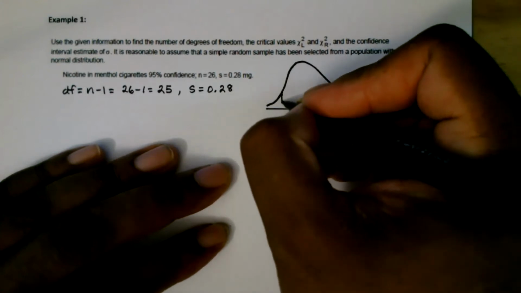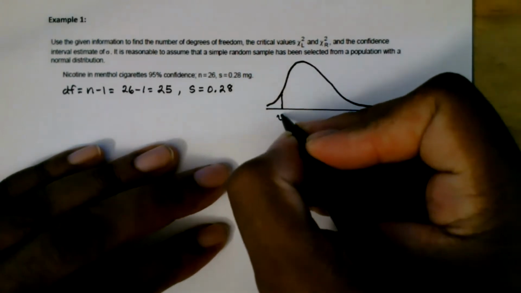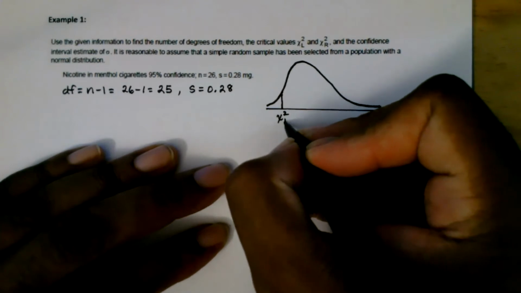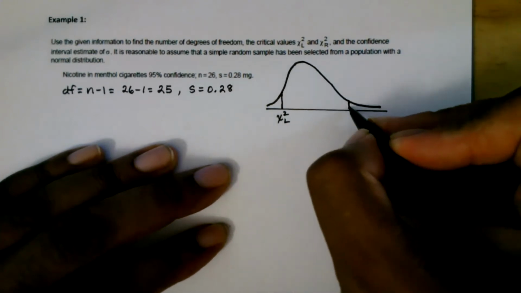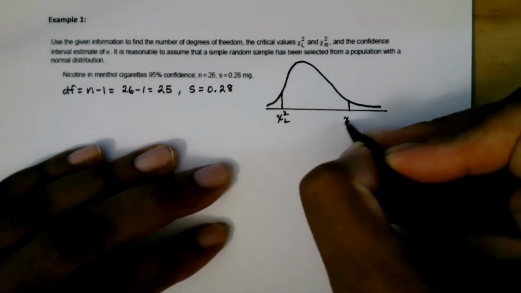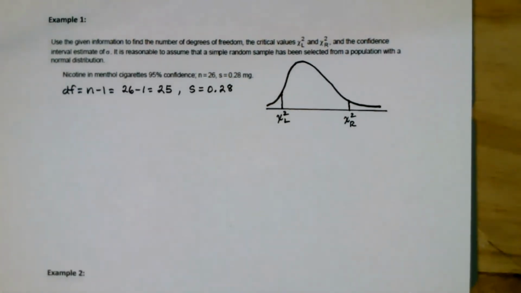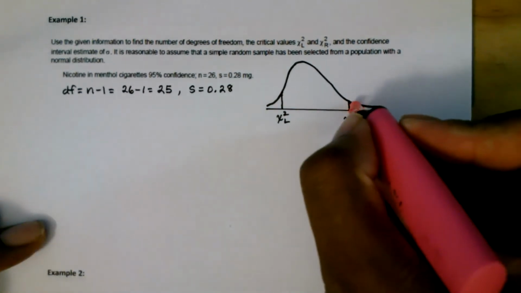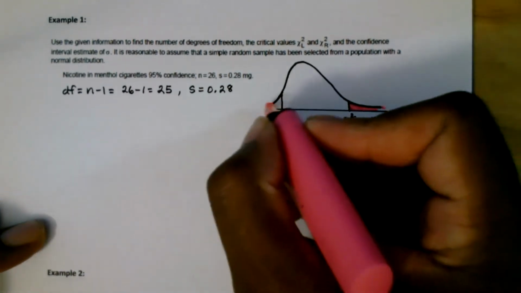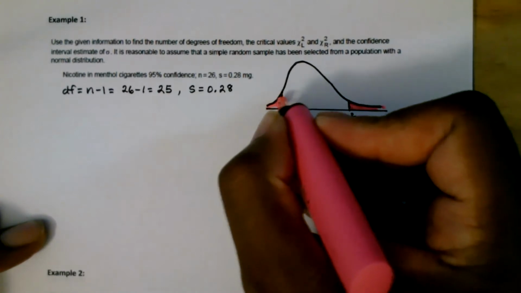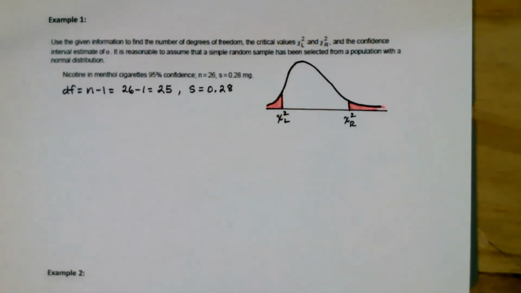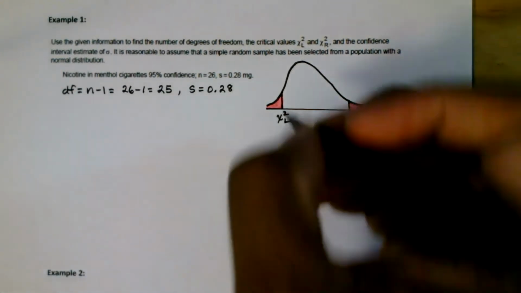So now I'm going to need to know what the chi-square critical value will be on the left and the chi-square critical value on the right. I'm going to shade the area to the left and to the right. So here's the right side, and this is the left. Now, we're dealing with the 95% confidence level.